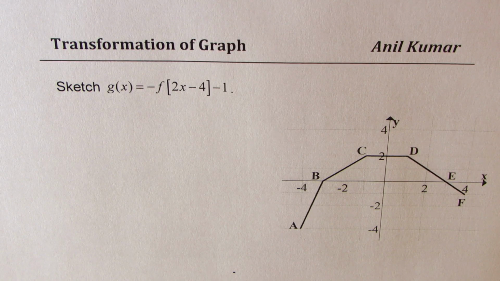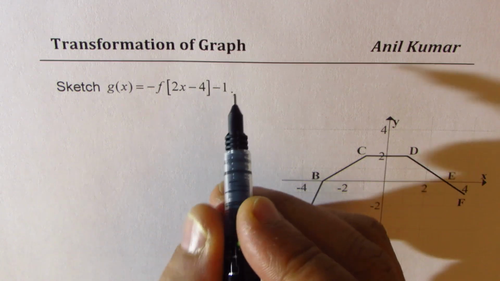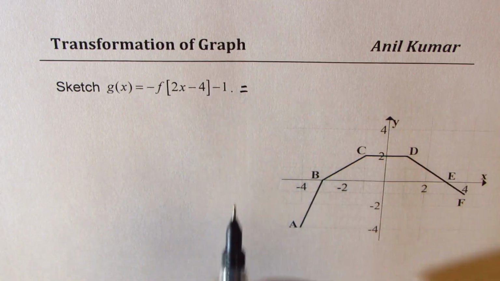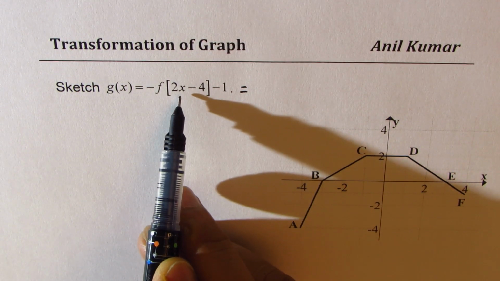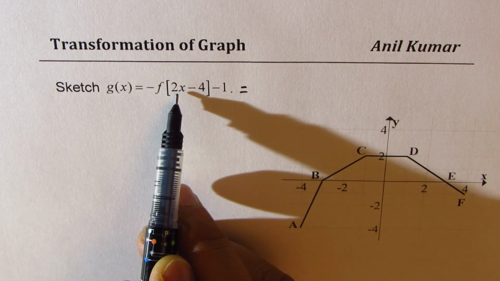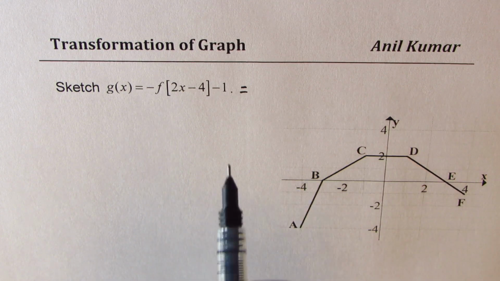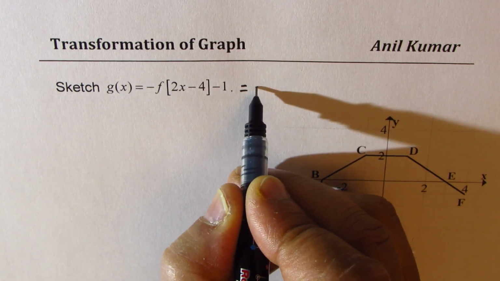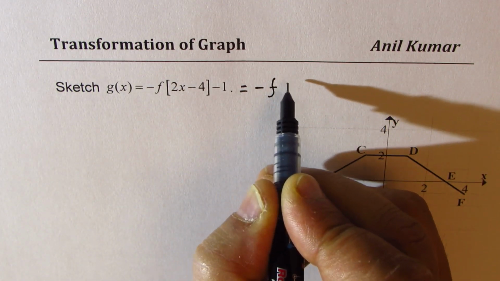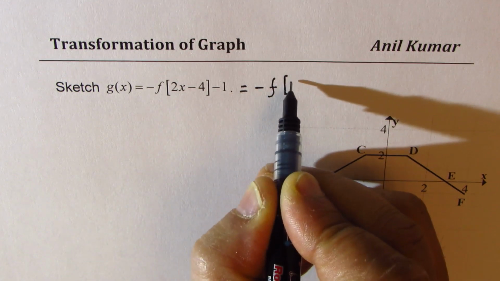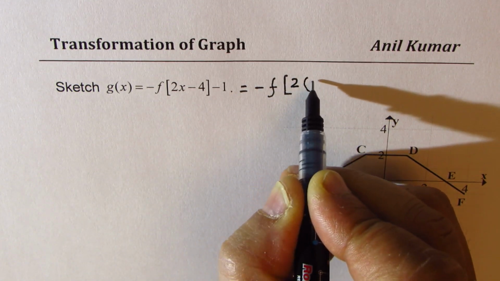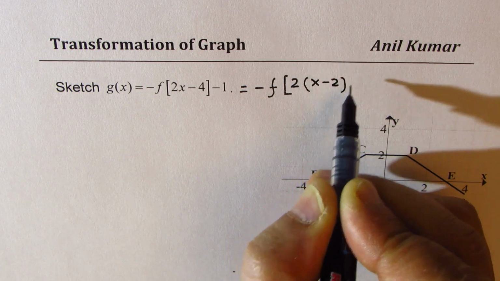Whenever you are given a function like this, you should write it in standard form where x has a leading coefficient of 1 only, right? So we'll factor out 2. We could write g of x as minus f of, within brackets, x minus 2.